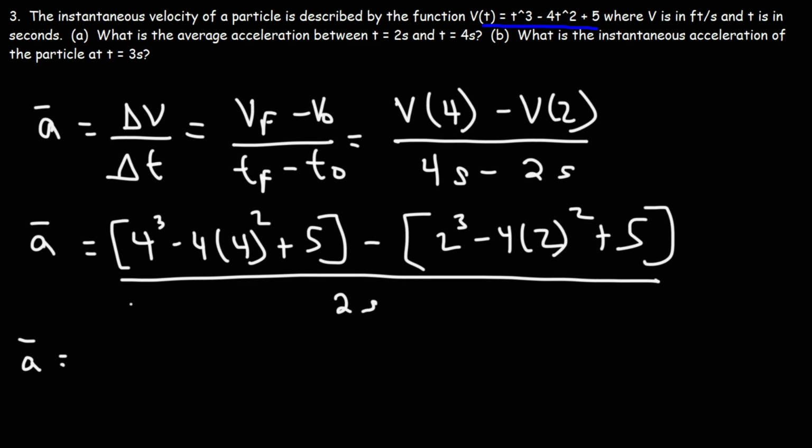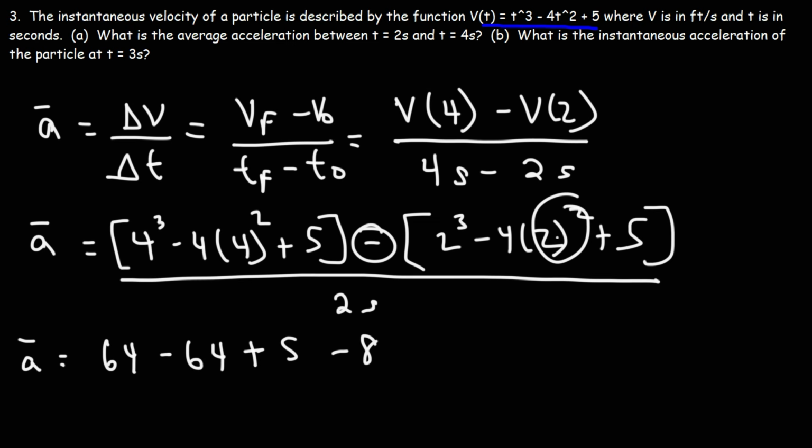4 to the third, that's 4 times 4 times 4, that's 64. 4 squared is 16 times 4 is also 64, plus 5. 2 to the third is 8, but we need to distribute the negative sign, so that's going to be negative 8. 2 squared is 4 times 4 is 16. We have two negative signs, so that's going to be positive 16.